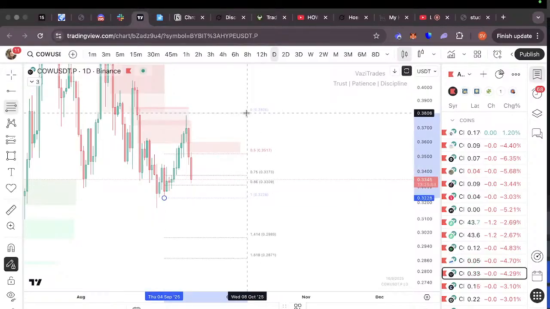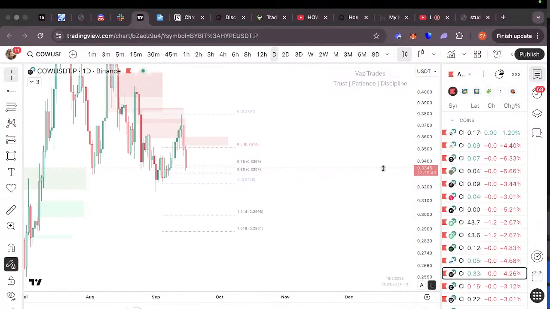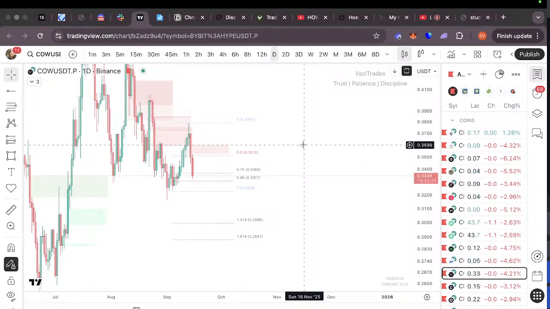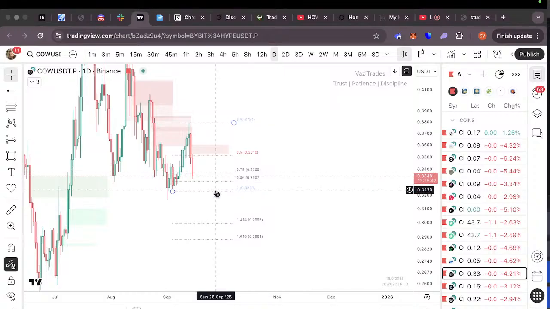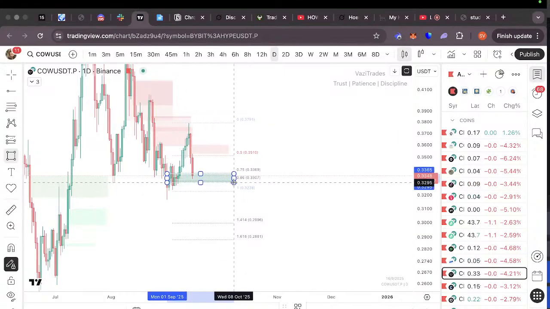Okay, so like this. On daily time frame right now, I'm putting this. So on daily time frame, this coin could find a support right here.